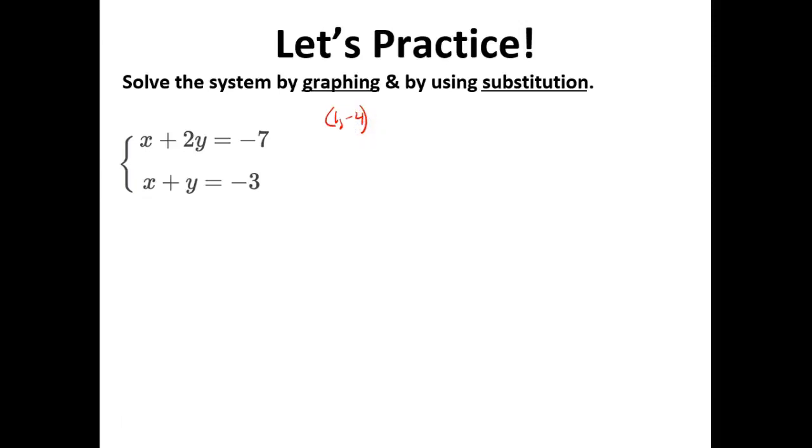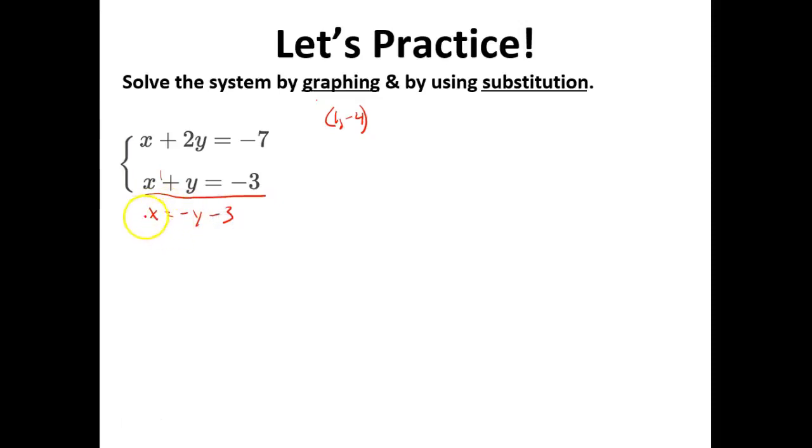Now substitution. Let's say we're going to solve this algebraically; we already solved it graphically. If we're going to solve this algebraically by substitution, that would say take one of the equations and solve for one of the variables. So if I take the second equation here and solve for x, that would mean x is equal to -y minus 3.